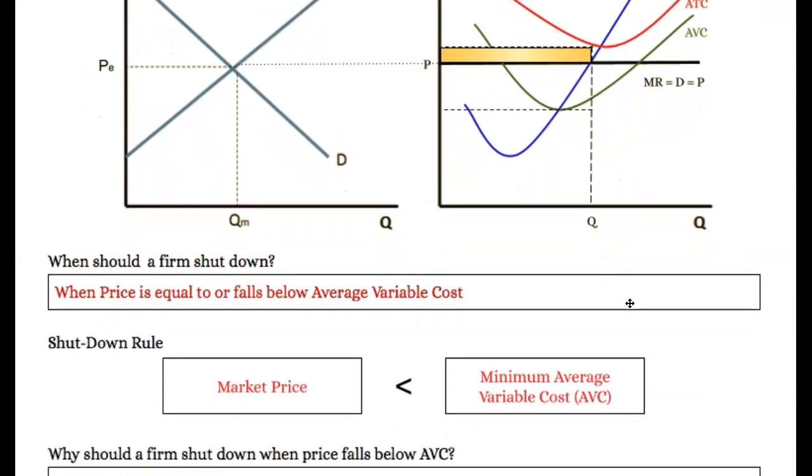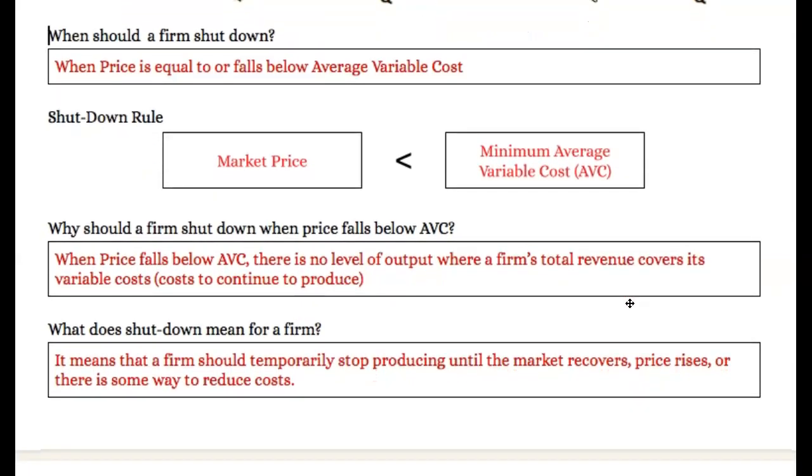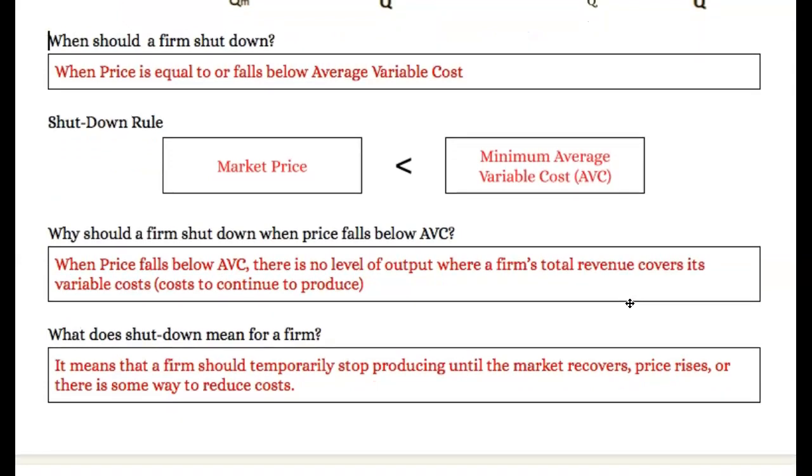So does this mean this firm should shut down? No, actually it doesn't. So when should a firm shut down? Well, it should shut down when price falls below the average variable cost. Remember, this variable cost is your cost to produce additional output. So if your price falls below that, you can't afford to buy any inputs to produce.